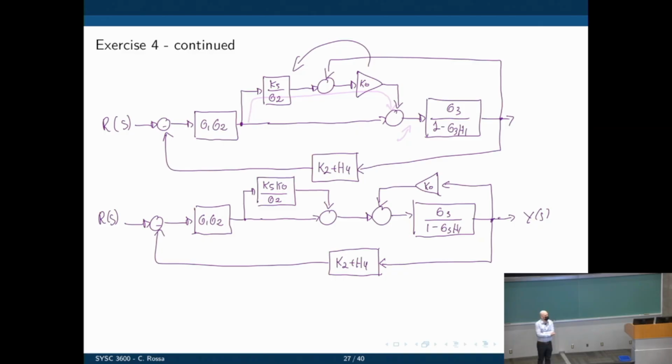The signal that was going through K2 and K5 over G2 is eventually multiplied by K6 and then injected back into the main loop. What I did is just moved K6 over there and gave it its own sum.